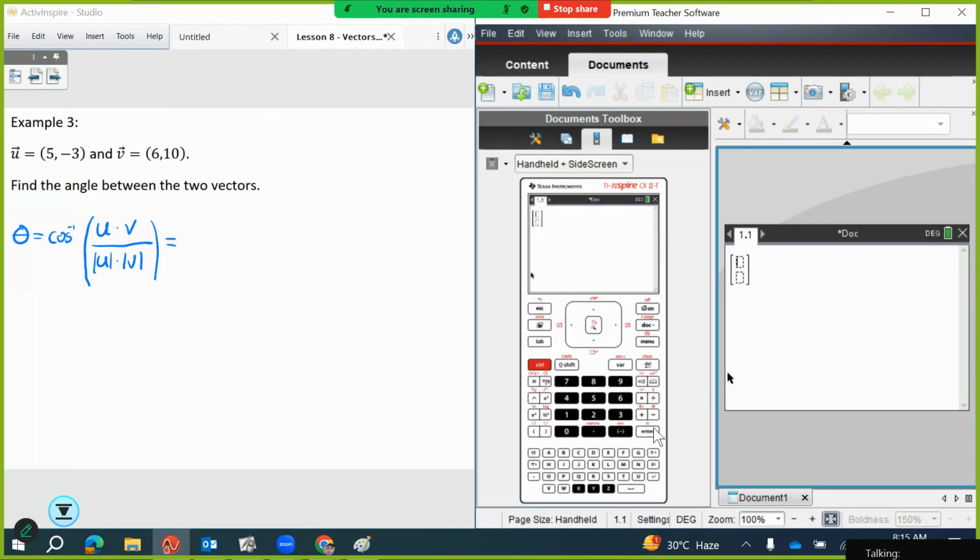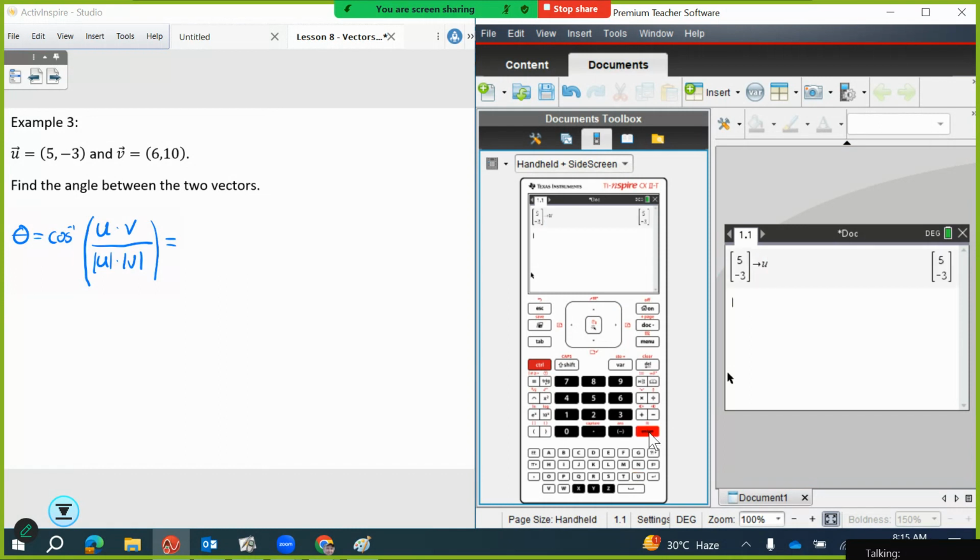Then we take the first vector, u, which is 5 and -3. Scroll across, and above the variables button, you see the store. Press Control Store. We are going to store this in u. When you press Enter, the vector is now stored in the variable u, and we can use it like this.